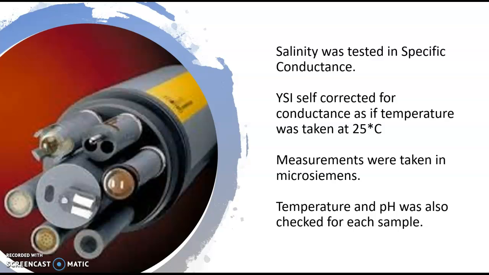The YSI self-corrects for conductance as if the temperature was taken at 25 degrees Celsius, which was necessary to get an accurate specific conductance measurement, and the measurements were taken in microsiemens. Also, to be more thorough, I took temperature and pH for each sample, just to have that information.